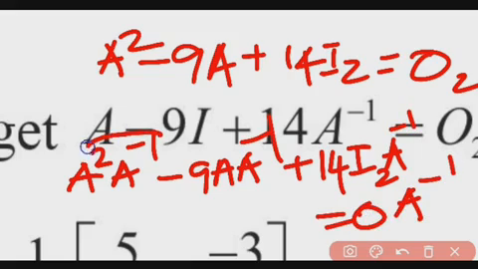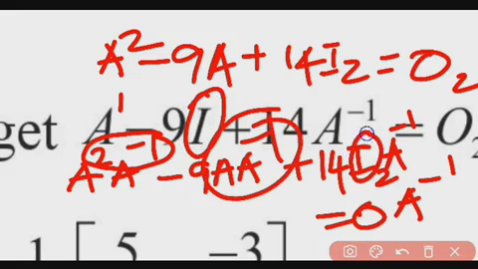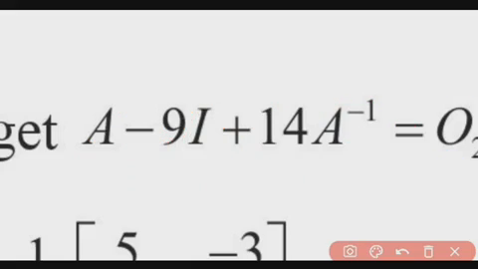So here A power 2 minus 1 becomes A power 1, A A inverse value is I, and if we multiply the unit matrix with any matrix, we get the same A inverse. 0 into any matrix is the 0 matrix. So then the equation becomes A minus 9I plus 14 A inverse equal to 0.